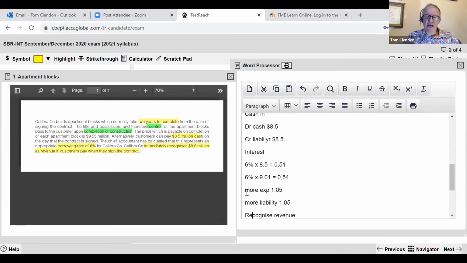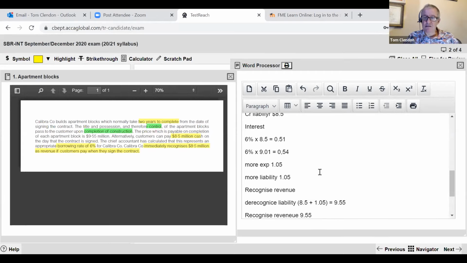But if you want to say that what you've got is interest, which is both an expense and increases the liability, and you express it in that way, respect, no problem, well done. It's fine. A marker can clearly understand what you have done. You will get the marks. Yeah?